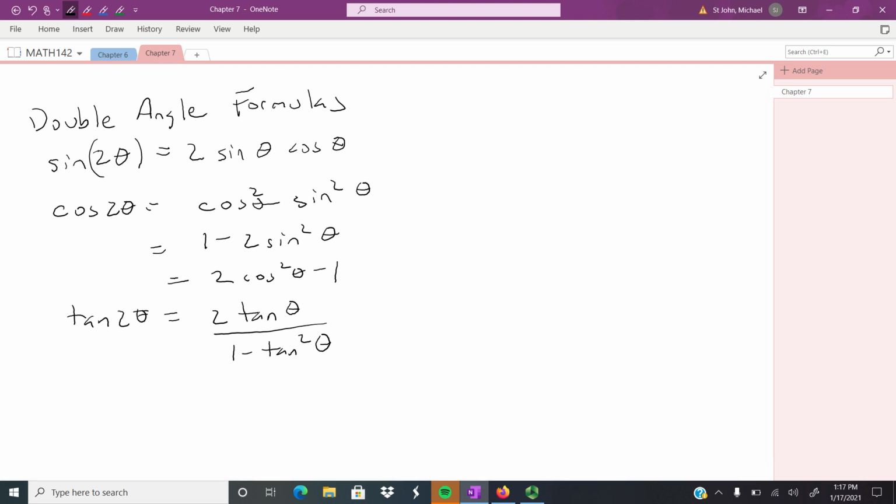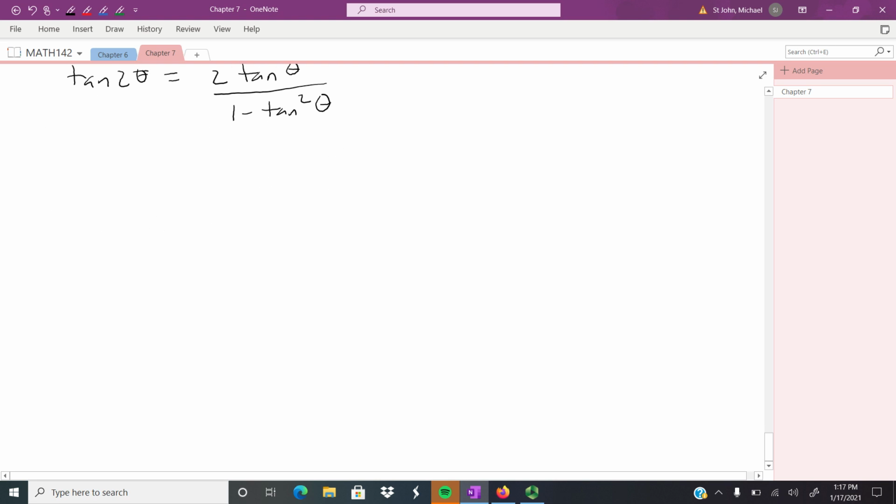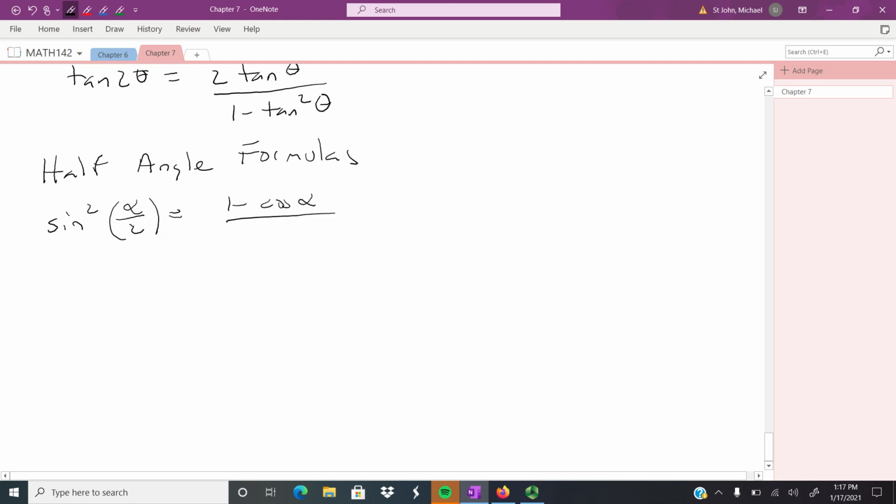And then the last set that they give you are the half angle formulas. So now we get sine squared of alpha over 2 equals 1 minus cosine alpha over 2. Cosine squared alpha over 2 equals 1 plus cosine alpha over 2.